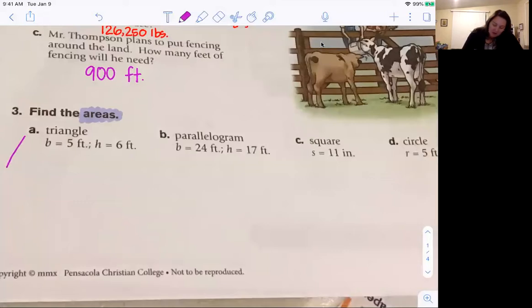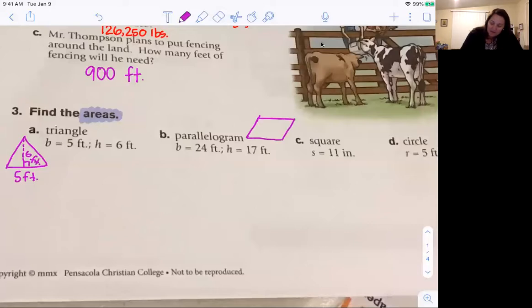So letter A, we have a triangle. I'm going to go ahead and just draw my shapes first. I like to do that just to make sure I'm there. And my base is 5 feet. And my height is 6 feet. Okay, I'm going to move on because I just want to draw all the shapes first. Letter B, I have a parallelogram.